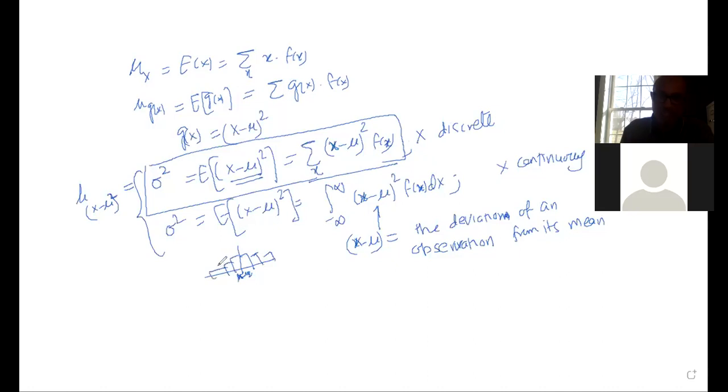Those are called the deviation of an observation from the mean. This is your mean value, so deviation on this side and this side, deviation of an observation from the mean value. That's how this formula is developed.